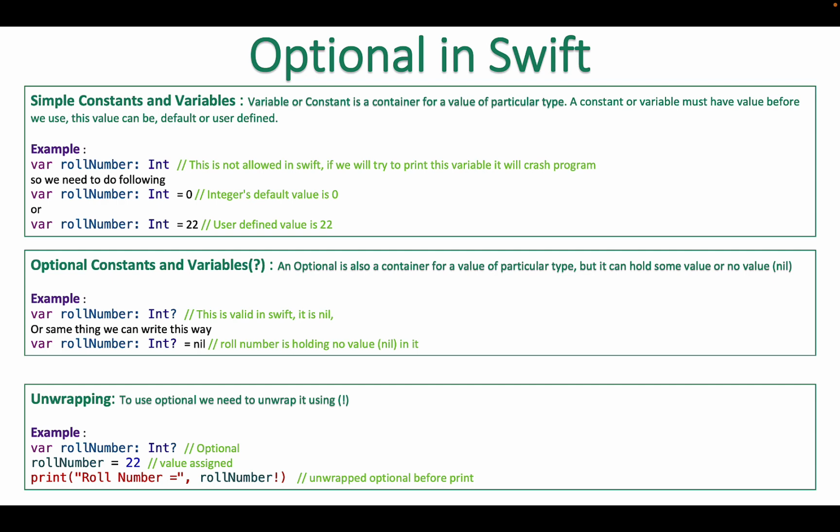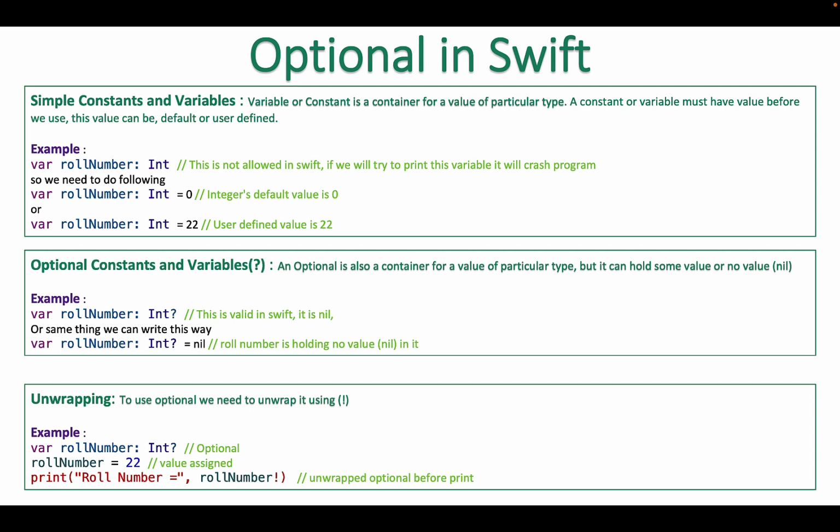Now as I told you earlier, we cannot use it unless we unwrap it. So how will we do that? Let's see the last example in the bottom square box. We have this variable roll number declared as data type integer, but it is optional by using question mark, and then we have assigned 22 as the value.